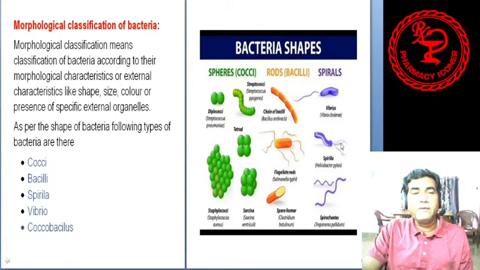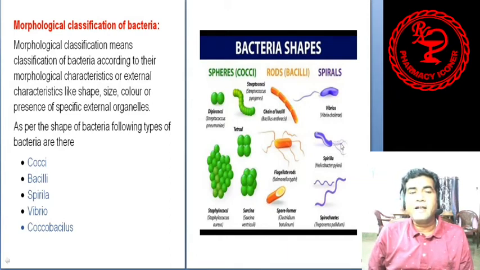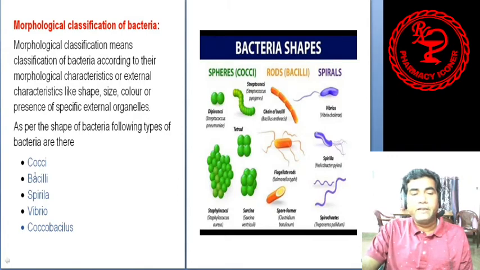Now we will discuss the morphological classification of bacteria. Morphological classification means classification of bacteria according to their external characteristics like shape, size, color, presence of external organelles, etc. As per the shape, there are the following types of bacteria, like cocci.